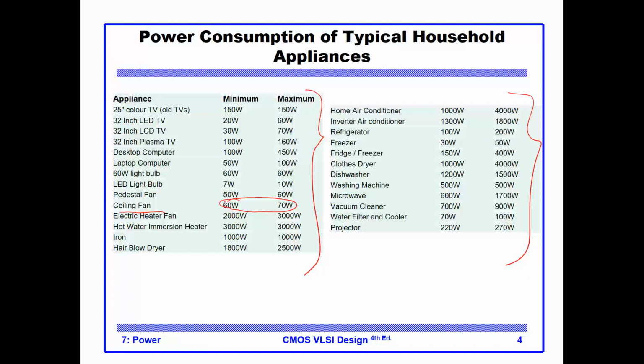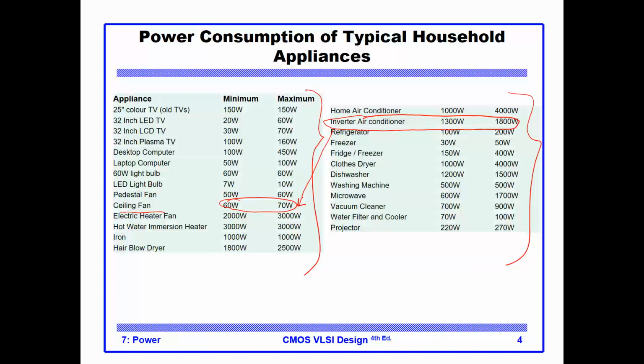If you look at, for instance, inverter air conditioning, the recent ones are from 1.3 kilowatts to 1.8 kilowatts, substantially higher compared with the fan.